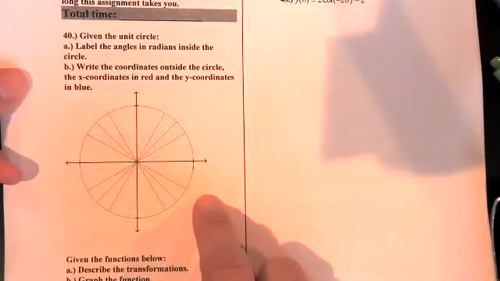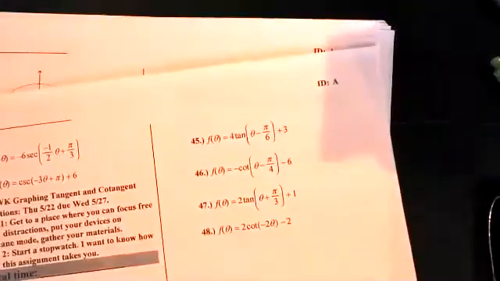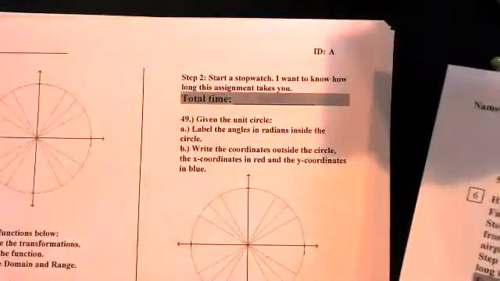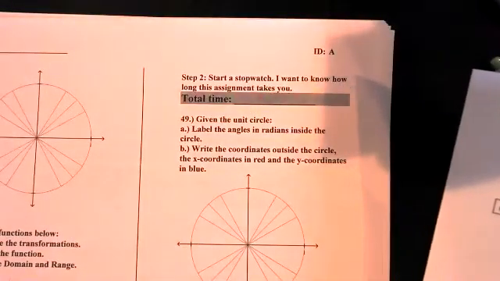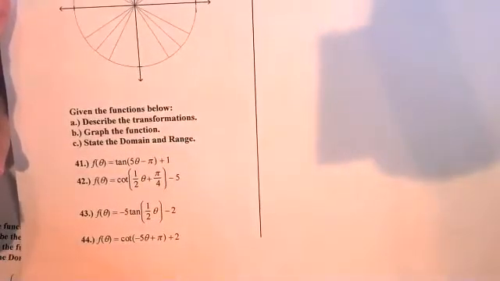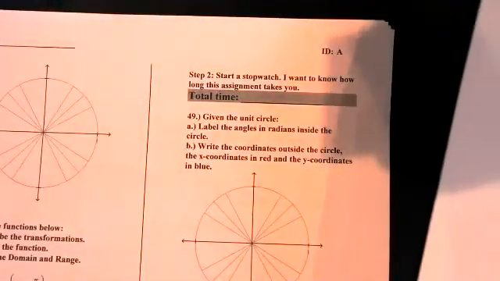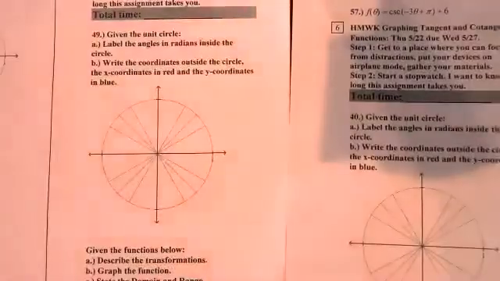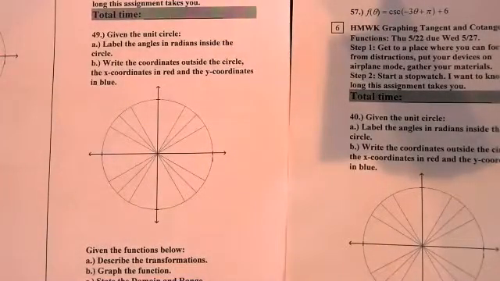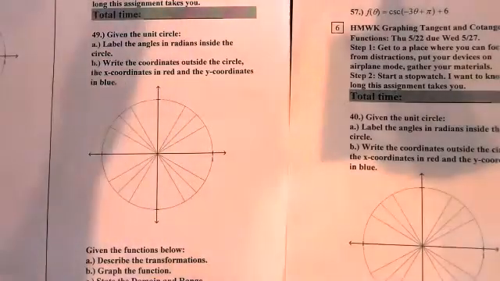Tangent questions, or cosecant, or any of them. Or should we roll the dice and come up with a new one? So this is time for homework questions. Let me know what you got.